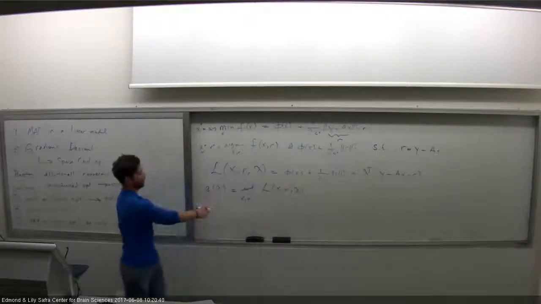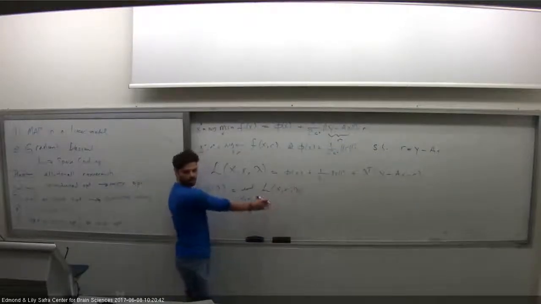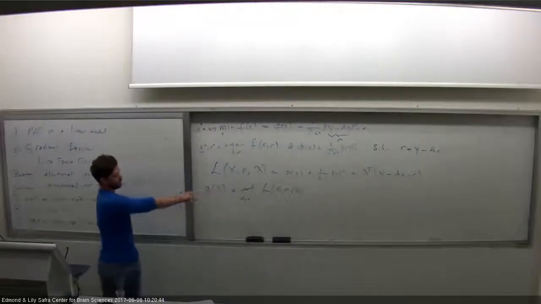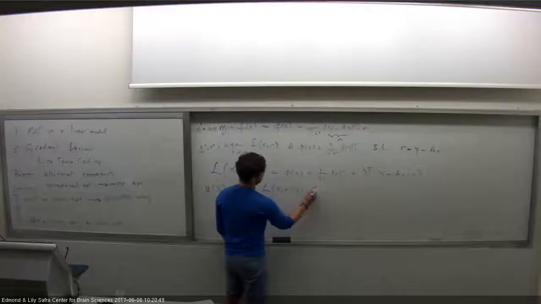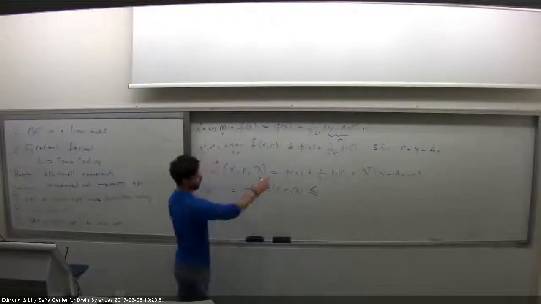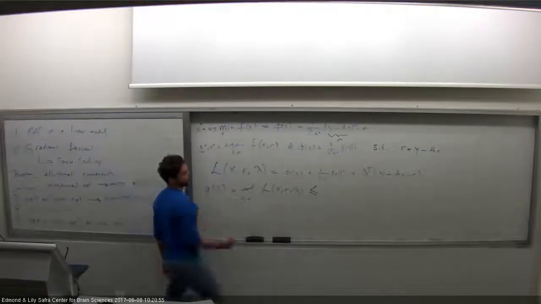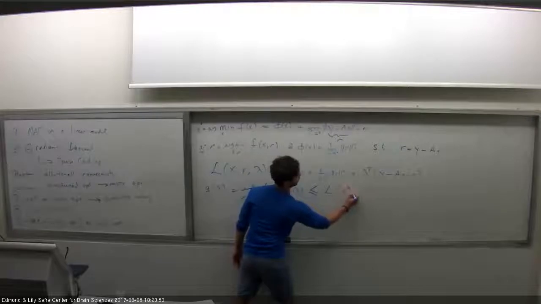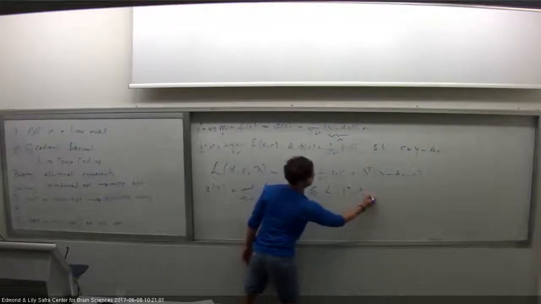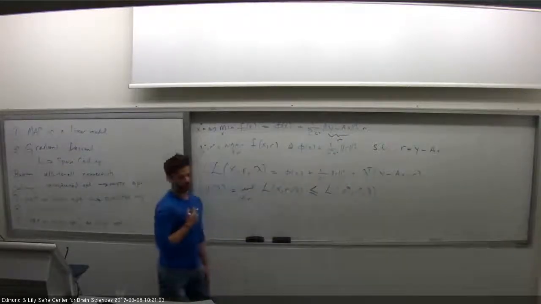You plug in your lambda, which is fixed, and minimize this Lagrangian over the others. Why is it an interesting function? Well, the first thing we see is that it will be a lower bound of our optimum value. Because we're minimizing over x and r, it will be less than the value at the optimum for that value of lambda.